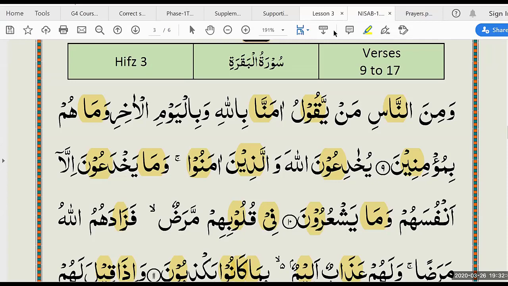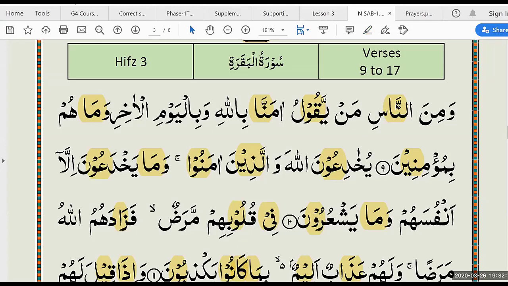Yes, please. Waminan nasi. Sorry, Auzu billahi. Sorry, I got confused. No worries, go on. Auzu billahi minash shaitanir rajim. Bismillahir rahmanir rahim.